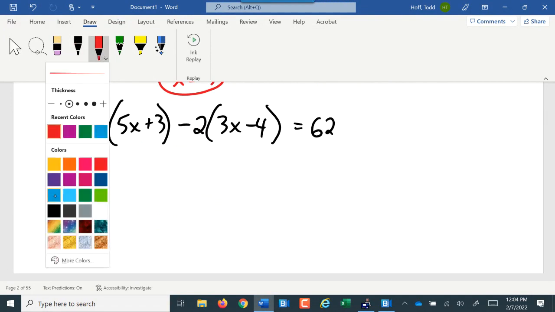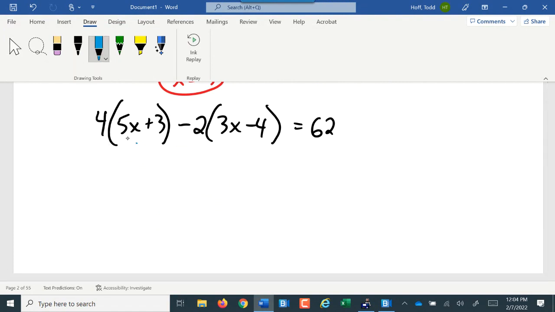So here we have multiple sets of parentheses. Just like order of operations, we are going to go left to right. So the first one on the left here, there's nothing to do inside there. So we look outside, it's being multiplied by 4, so let's do that. 4 times 5x is 20x, and 4 times 3 is a positive 12.